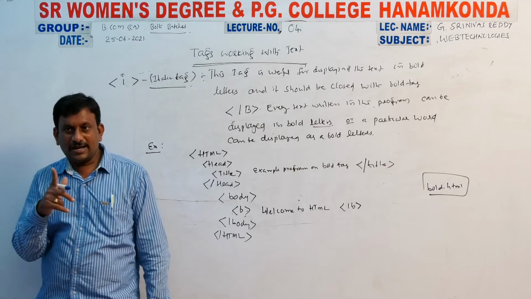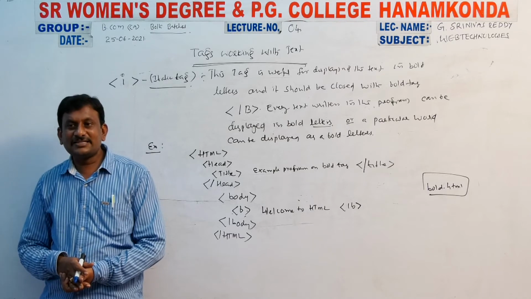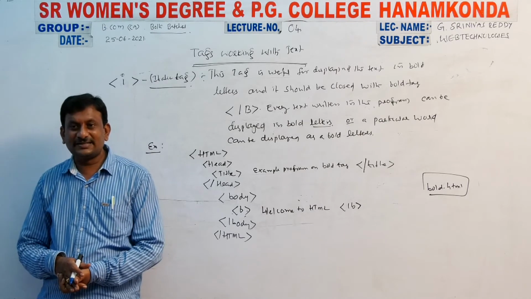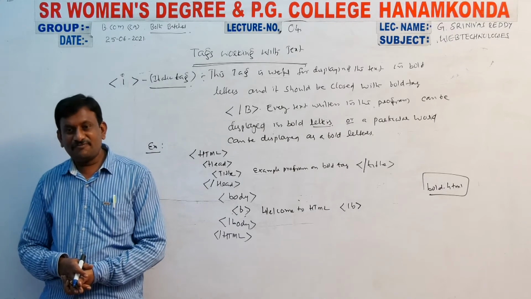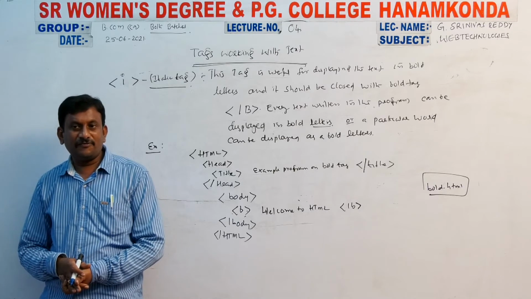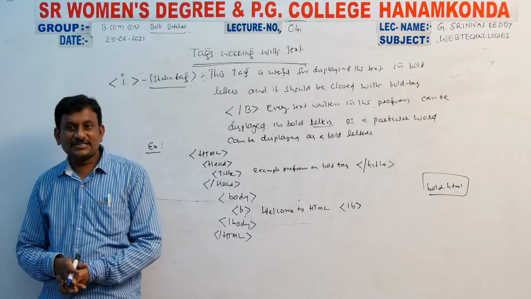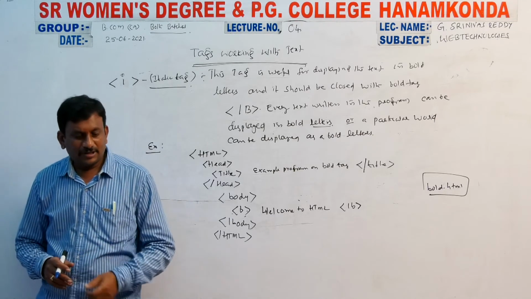I close. Mainly, I means the italic tag. This tag is used for displaying the text in italic form. Italic form means slanted lines. Clear enough? Remember this is italics, the text will be slightly slanted.